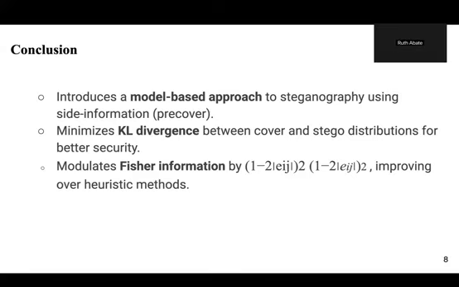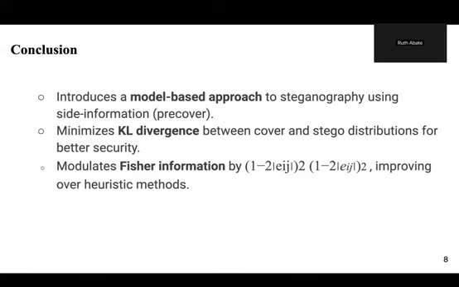This lack of structure often results in inconsistency, making them vulnerable to detection. Heuristic methods may work well in certain cases, but they do not guarantee security under all conditions. This is a major concern, especially as steganalysis tools and detection techniques continue to advance.